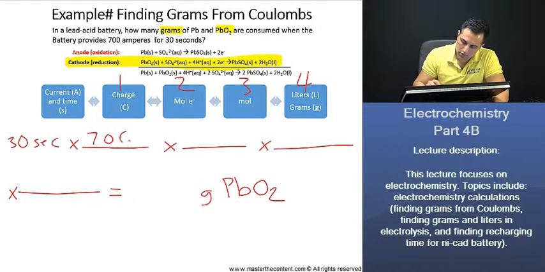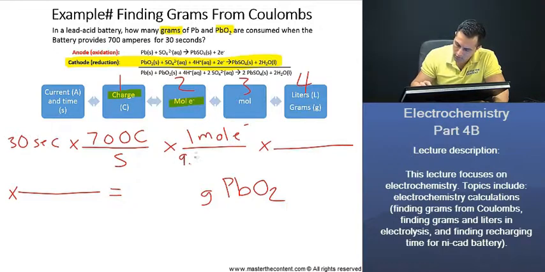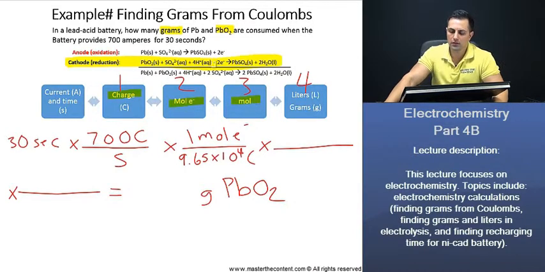700 amperes, we just said, is equal to 700 coulombs per second. We have charge, now we need moles of electrons. And 1 mole of electrons is equivalent to 9.65 times 10 to the 4 coulombs. Now we're going to need moles. Well, let's take a look at our reaction.